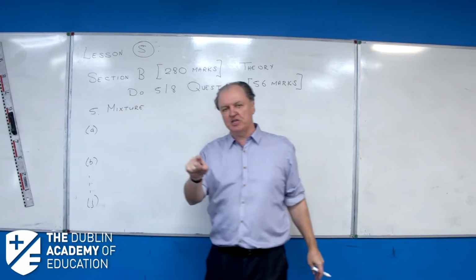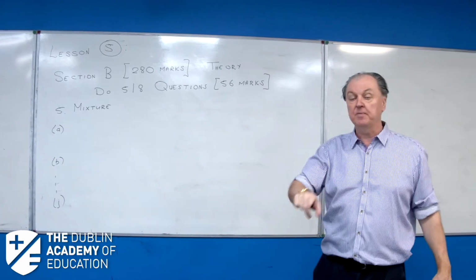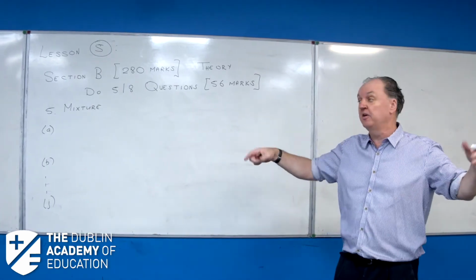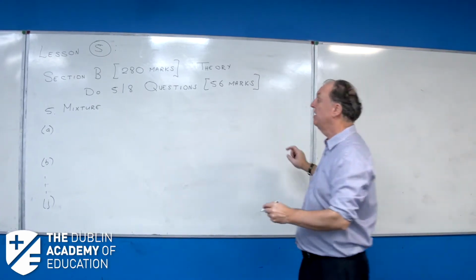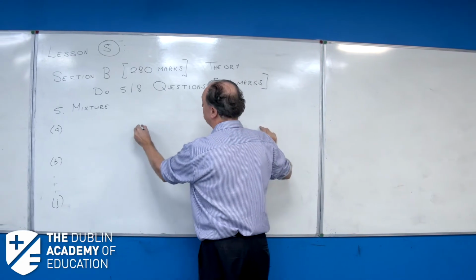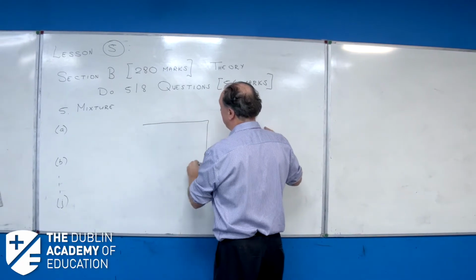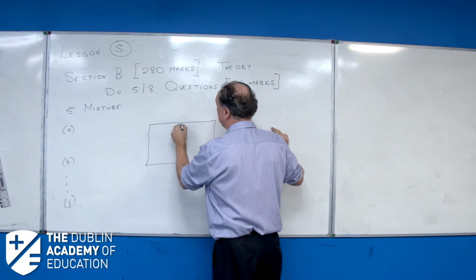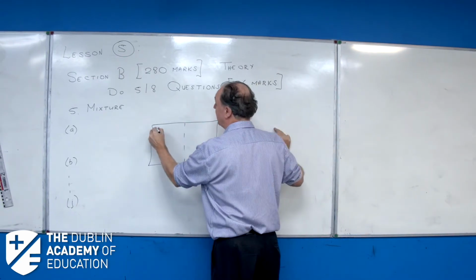This is what I suggest. You finish section A, you're feeling nice and happy because all you've done is some diagrams, some graphs. Now I go into question 5. I open up my exam script. I write down question 5.